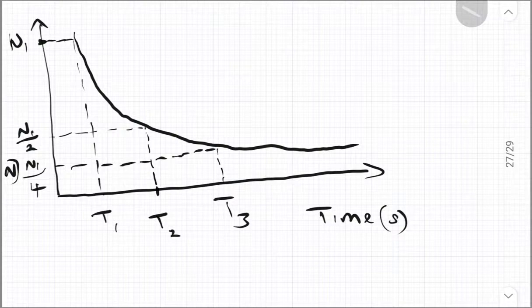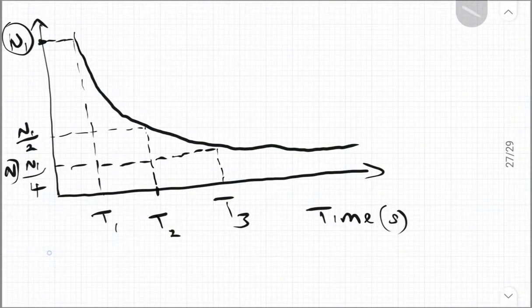Each time, you note this is the original amount that you put in. So each time you are conducting this experiment, you wait for the atoms to go down to half the initial amount, such that you have a particular time associated with that.